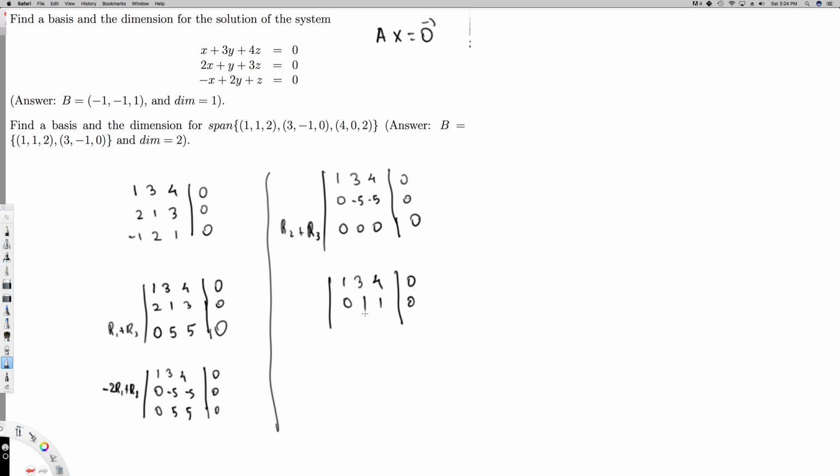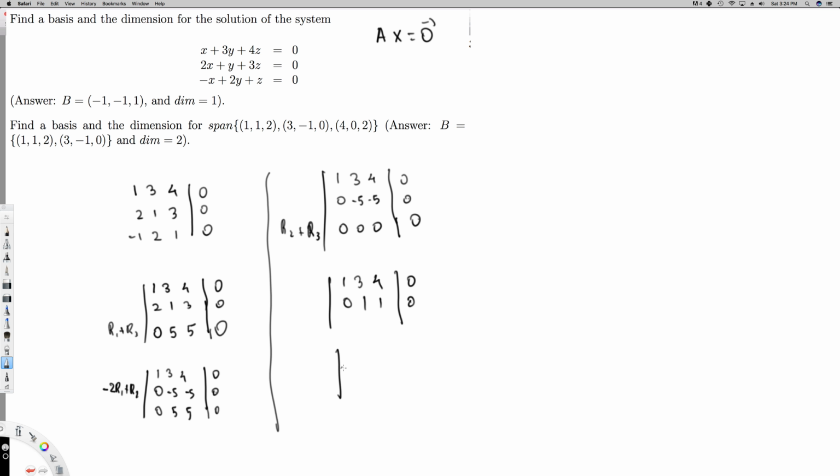Then according to Gauss Jordan, we have to make the values above or below the pivots equal to 0. So in this case, I have to make this one equal to 0. To do that, I have to multiply the second equation by minus 3 and add it with the first equation.